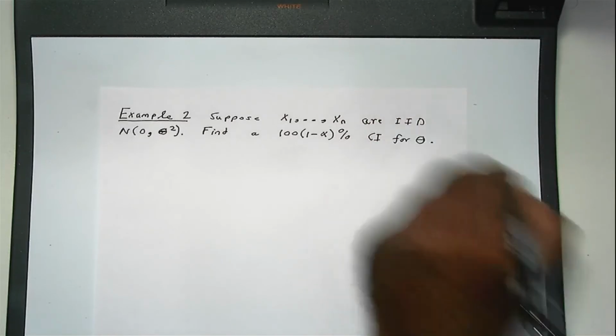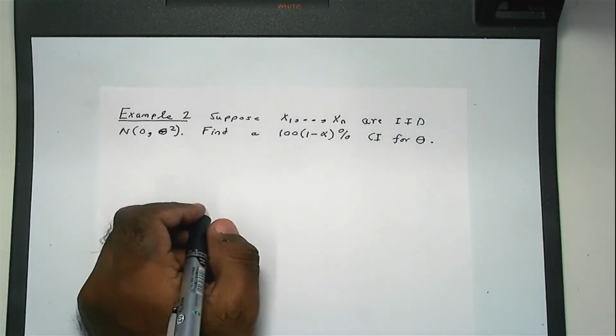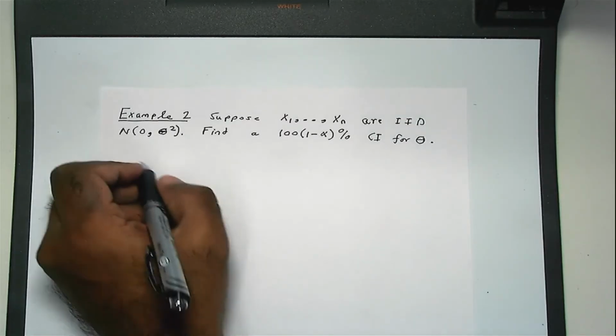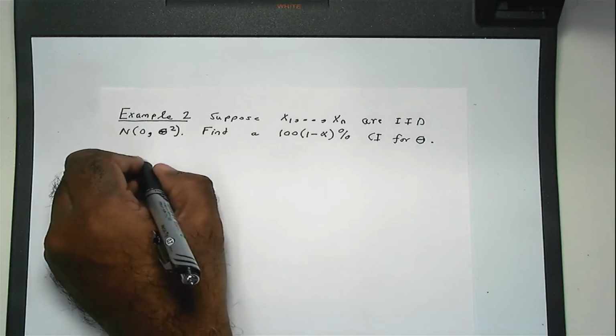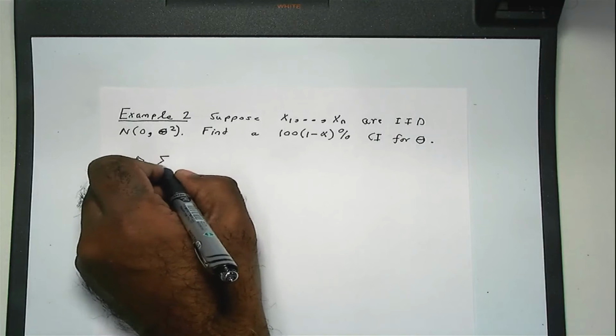So here you have a random sample from a normal distribution with zero mean and variance theta squared. Now, one of the results I mentioned in the video on chi-square distribution is the following.